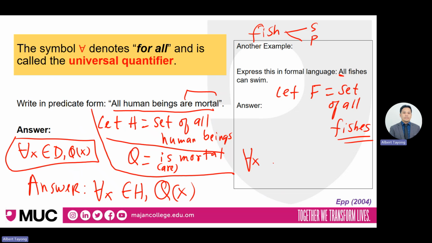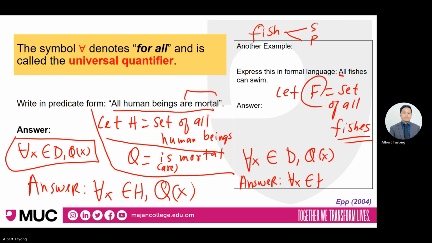So for all X in D, we have Q of X. This is the original form. So our answer: for all X in our domain F, X can swim. That's the answer. Okay. So for all X in F, X can swim. That's how to do it. So we just immediately take X, and then our Q is this, can swim. This is our Q.